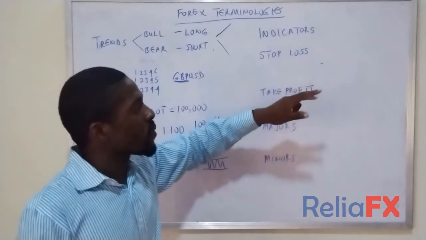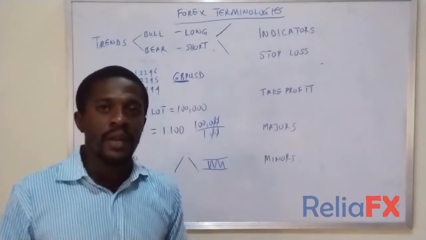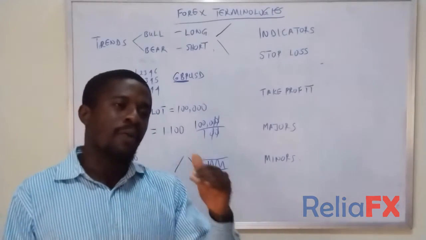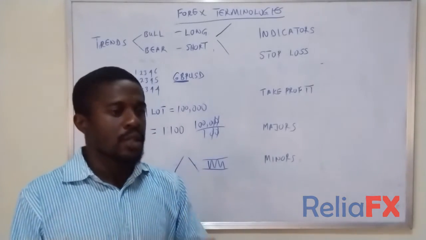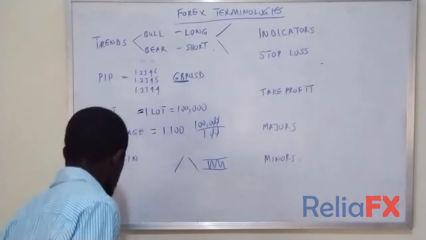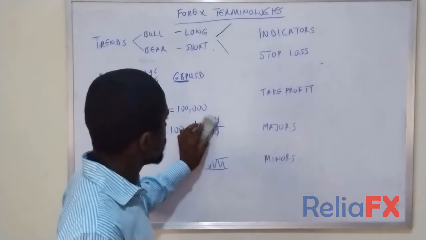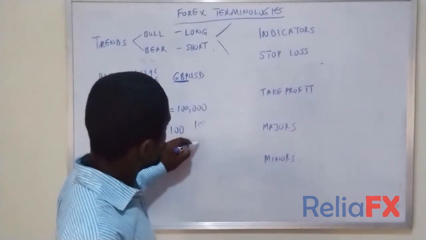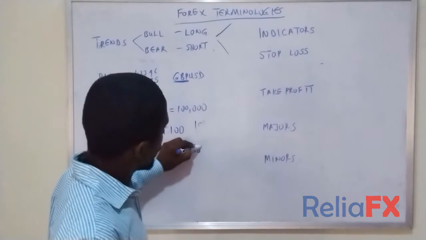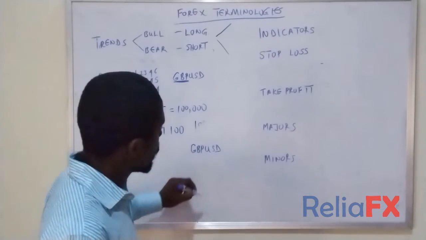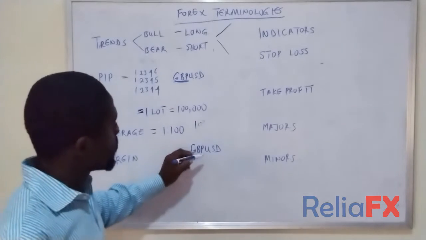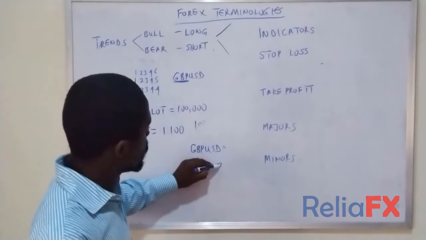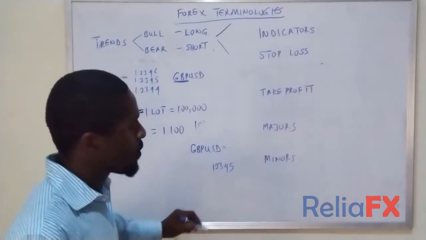All right, so we have stop loss and take profit. I'll explain that. The beauty of Forex trading is that you can predetermine how much you're willing to risk. For example, say I'm trading GBP USD, and the price is expected to be 1.2345.